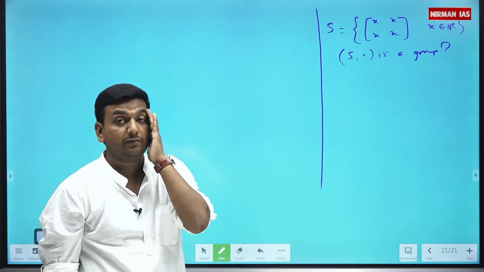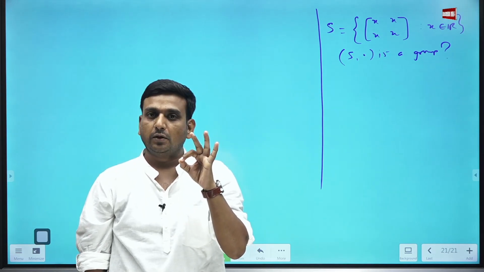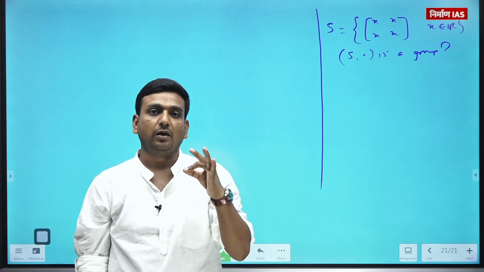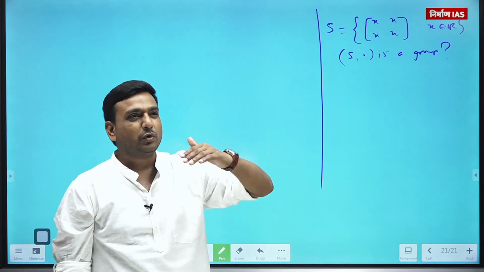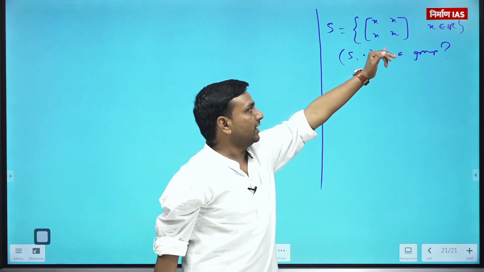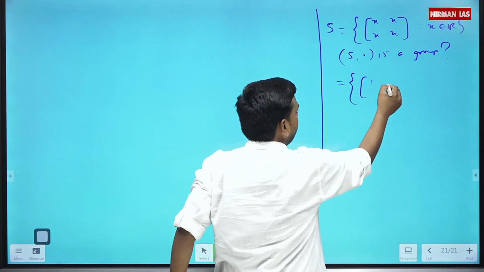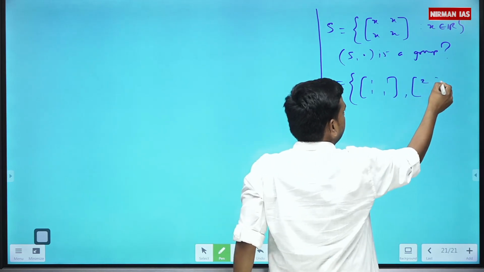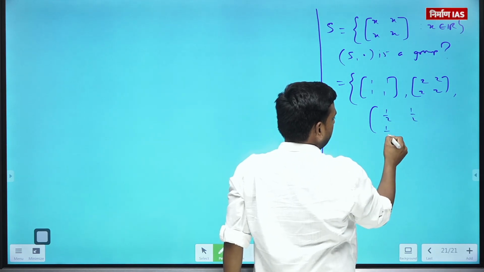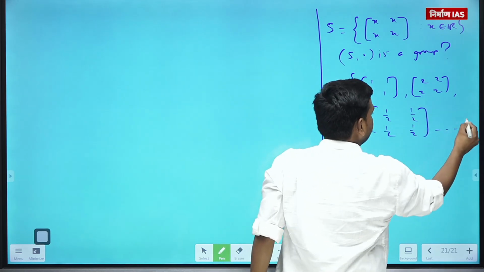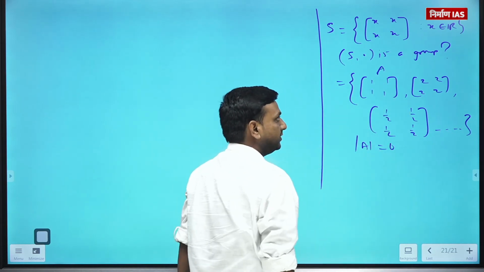Why have I picked this question? Because this is a good question actually. Here you can learn how to find identity and how to find inverse. If you look at this collection of matrices, this S, obviously the determinant of this matrix is 0.